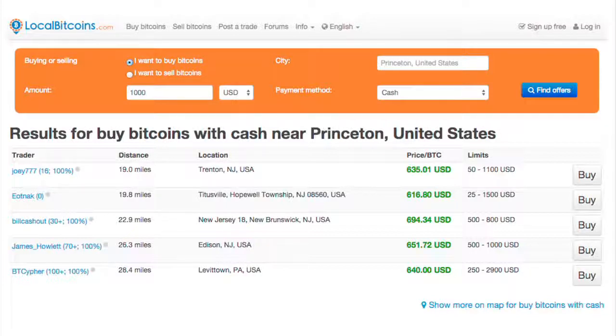And so I could then contact these people. I could arrange to meet them at a coffee shop somewhere or in a park or wherever it is, and I could give them dollars, and in exchange they would give me Bitcoins. And so this is another way to do it. You can just find a person near you, or you can find somebody you know. The very first Bitcoins I bought from one of my students who owned some Bitcoins. I just gave him some dollars, and he paid some Bitcoins into my digital wallet.